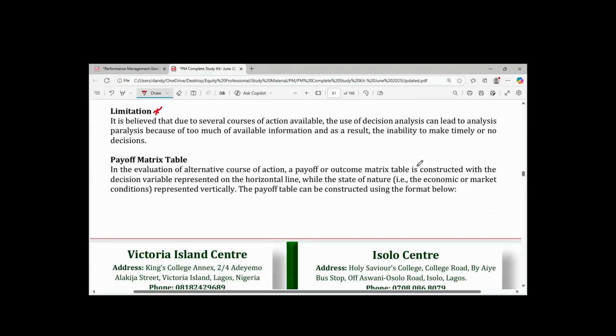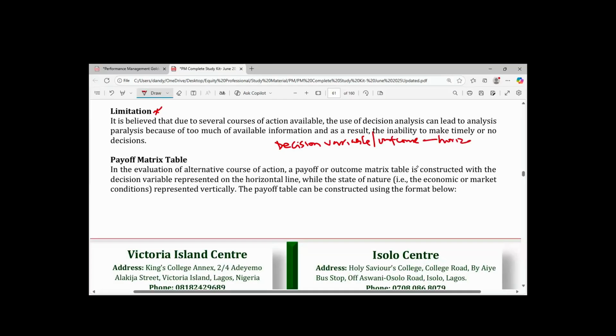We have the horizontal side, and we also have the vertical side. When you are constructing your payoff matrix table, the decision variable or decision outcome must be expressed horizontally.